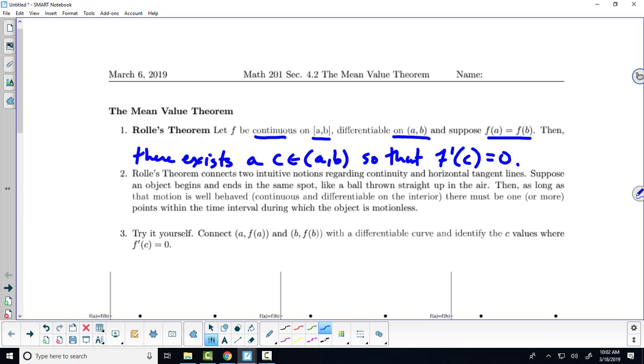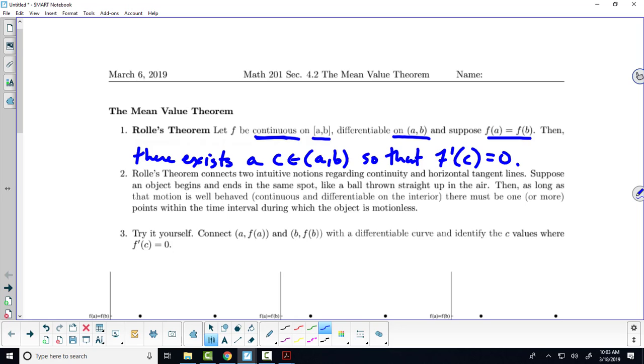Suppose an object begins and ends at the same spot, like a ball thrown up into the air. It starts and ends at the same height. Then as long as the motion is well behaved, what do we mean by well behaved? Mathematically, as long as the motion is continuous, then there's guaranteed to be a point in the interior where the derivative is 0.